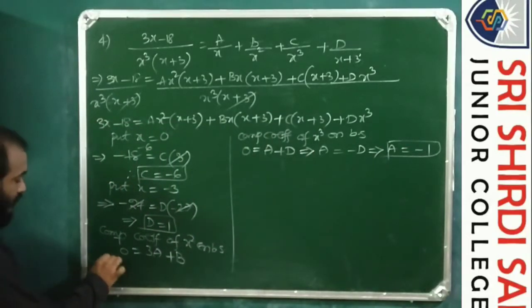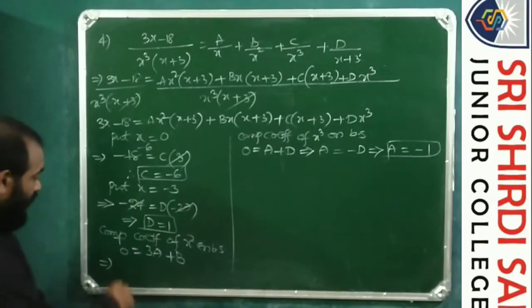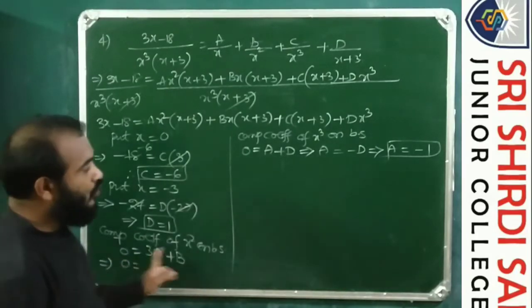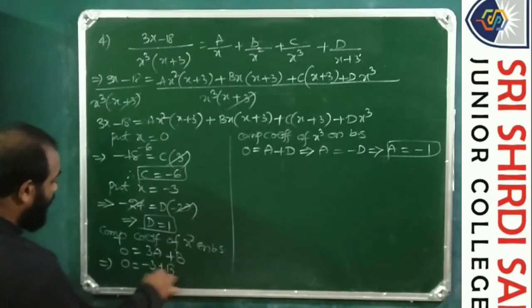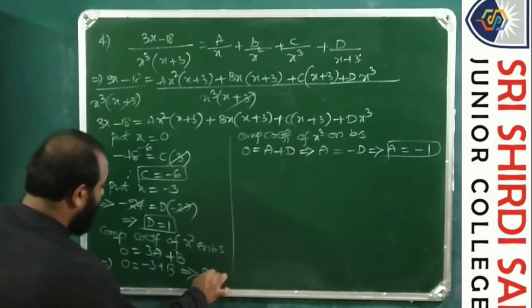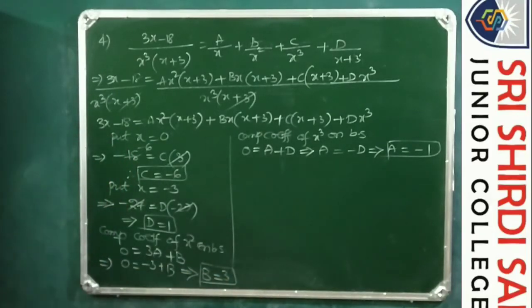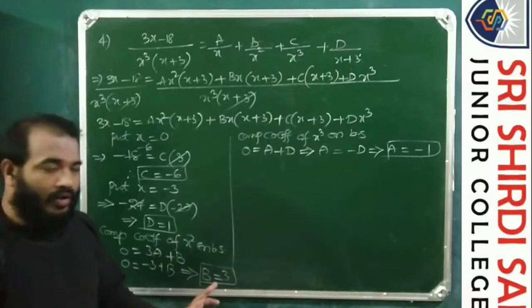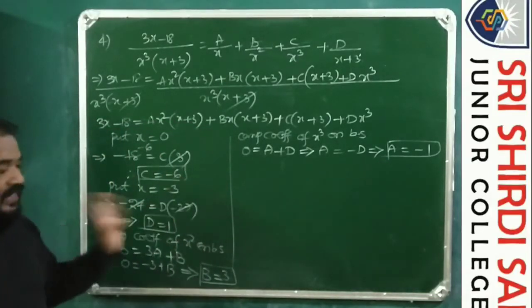From this, since we got a value, substitute here. 0 is equal to 3 into minus 1 is minus 3 plus b. From this, b is equal to 3. So we get all values a, b, c and d.